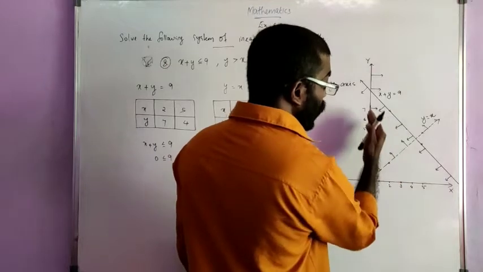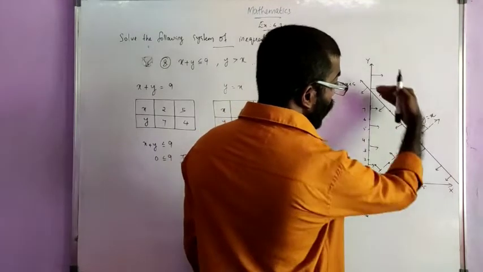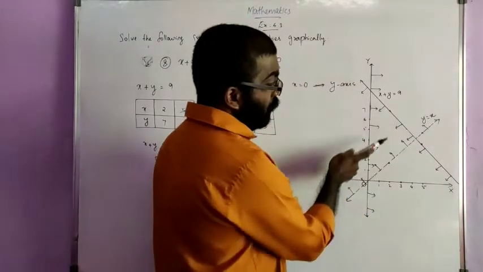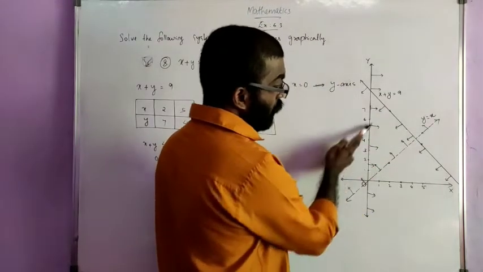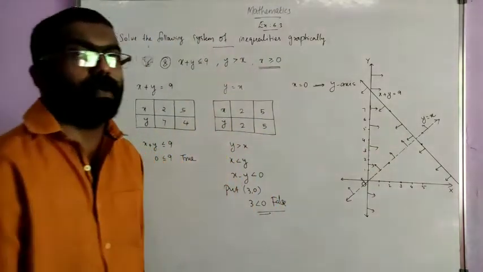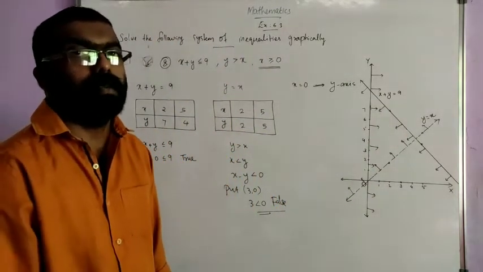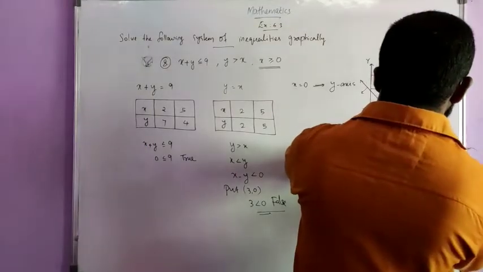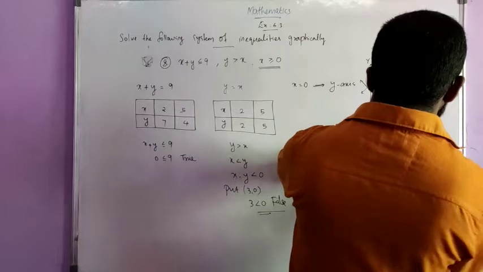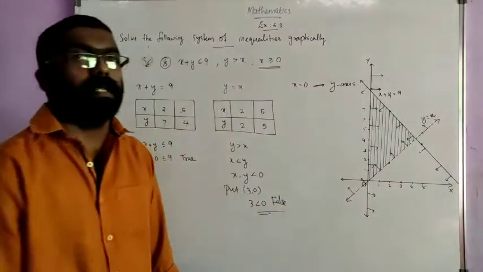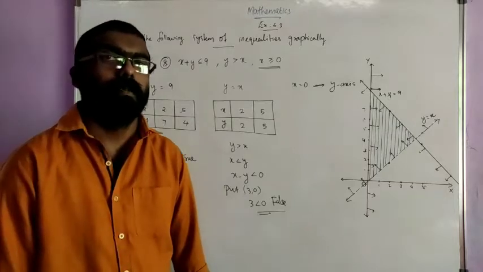Okay. Right part of y-axis, lower part of this line, upper part of this line. Okay. While observing the arrowhead, you can clearly identify that this will be the solution region, common region. That portion we have to shade. Okay. So this shaded portion will represent the solution region. Clear?